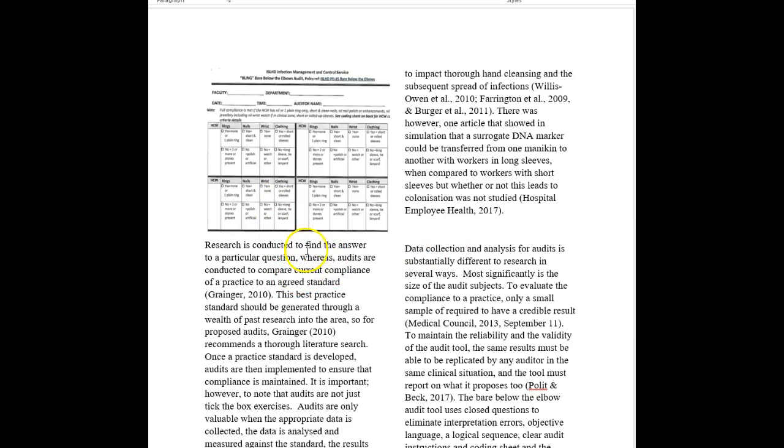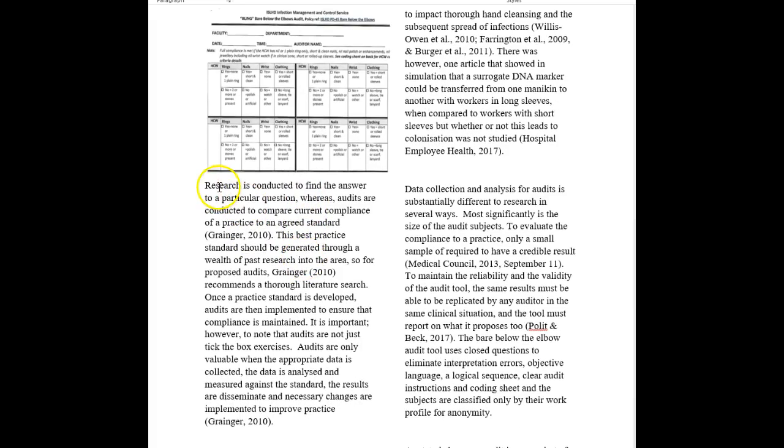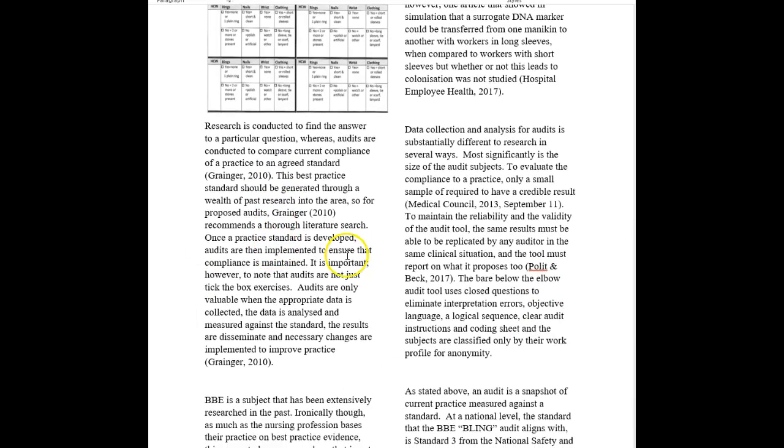Then the student is discussing the difference between research versus quality improvement projects or audits. And remember, rather than research, which is new knowledge, an audit is there to make sure that compliance to a guideline, standard or policy is maintained, and that you're looking to see that you're doing it and that you improve.